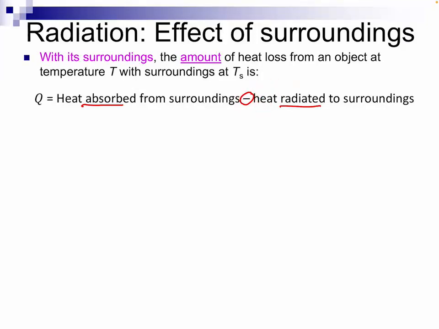So if we combine this, the heat absorbed from the surroundings will also be given by Stefan's law. And at the same time, the heat radiated will also be given by Stefan's law.